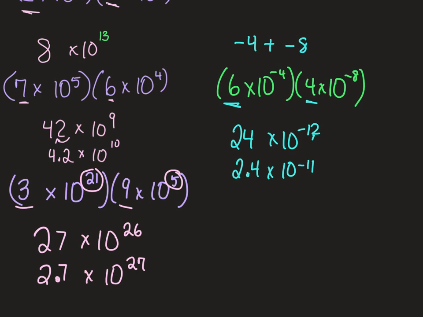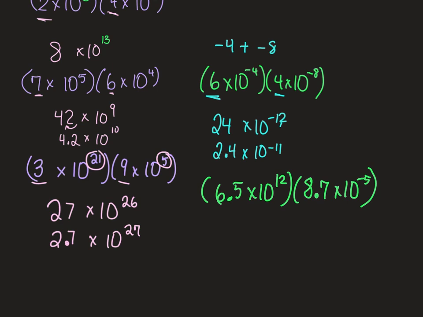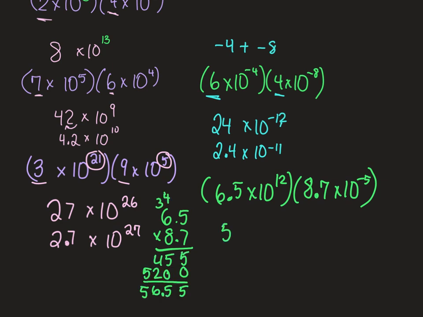It's closer to 0. For this next example, I decided to have decimals in the front of the times 10, and one of them is positive and one is negative. So let's do the 6.5 times 8.7 stuff first. I ended up with 56.55 times 10 to the what?